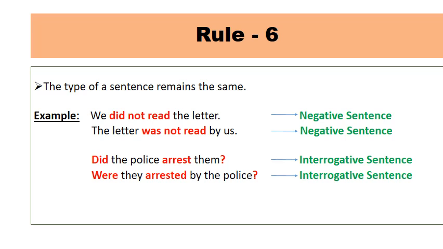If the sentence in the active voice is interrogative, then the sentence will remain interrogative in passive voice too. See the examples. We did not read the letter. The letter was not read by us. Did the police arrest them? Were they arrested by the police?